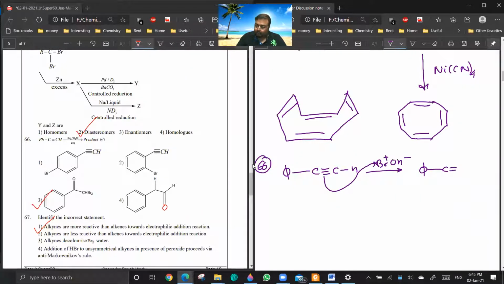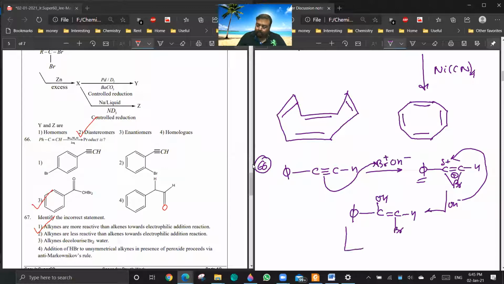You will first get a cyclic bromonium, yes or no? But you see, this is benzene, so positive charge should be more stable here. So the OH minus will be attacking from this side only. So you're getting Ph-CH(OH)-CH2Br. And finally it will be giving Ph-C(=O)-CH2Br.